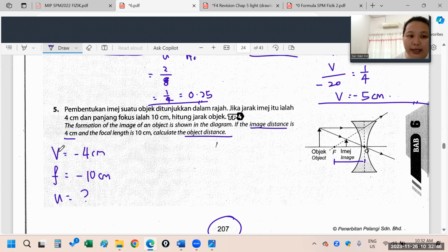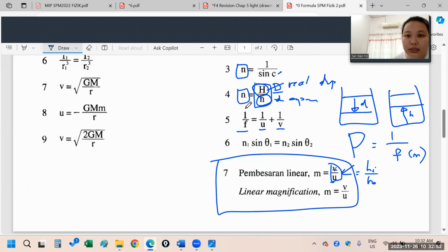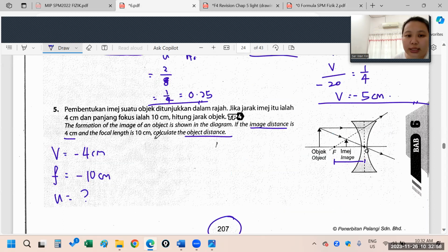So since we have V and F, we want U. So we can use this formula: 1 over F equals 1 over U plus 1 over V. Because all form in front of the concave lens, in front means before.